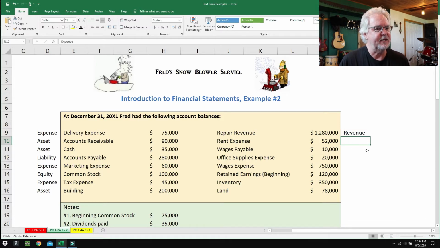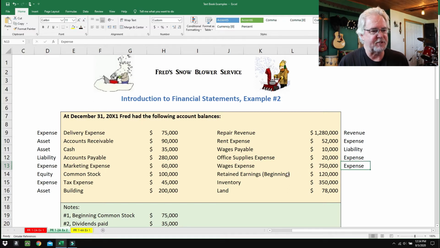Rent expense. Well, the name gives it away. It's an expense, a cost of doing Fred's job. Wages payable. That's a bill. It's money owed. It's a liability. Office supplies expense. It's an expense, cost of doing business, using up those staples and paper and pens. Wages expense. That's cost of doing business.